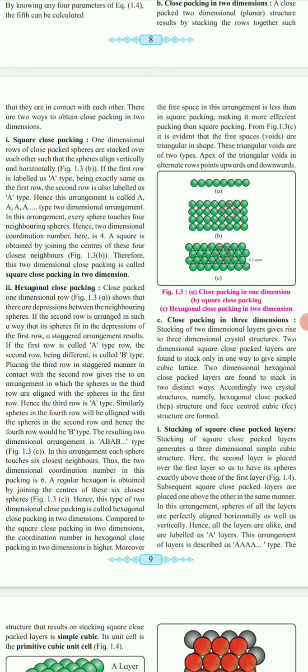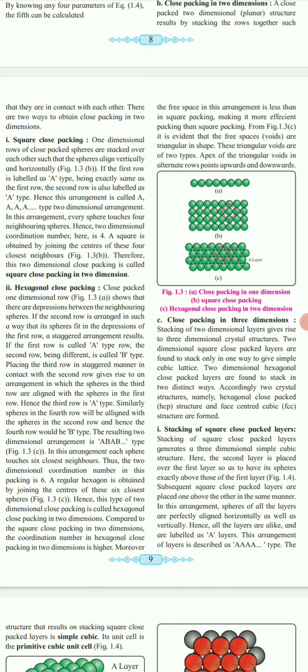Figure 1.4. Subsequent square close packed layers are placed one above the other in the same manner. In this arrangement, spheres of all the layers are perfectly aligned horizontally as well as vertically. Hence, all the layers are alike and are labeled as A layer.